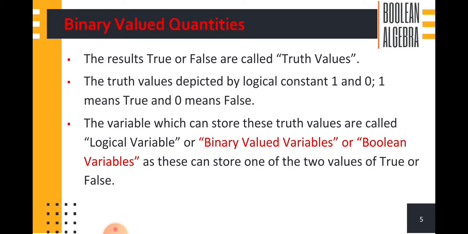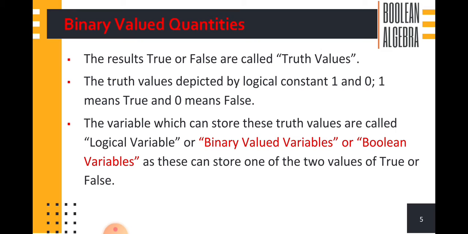The variables used to process logical statements are known as logical variables, binary valued variables or Boolean variables. Generally, variables are memory boxes used to hold values. The variables used in these logical problems we call logical variables. In these variables we store only binary values, so we can also call them binary valued variables.